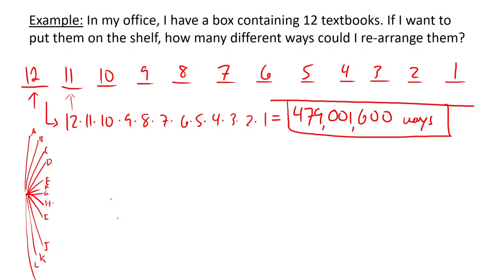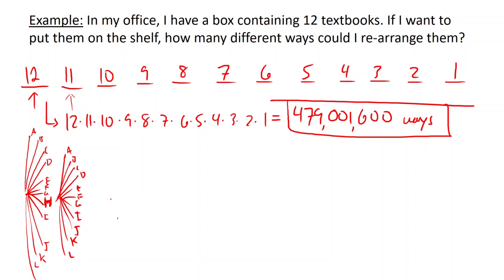But then if I'm going to go off of this branch, like say I put H in that slot, well, I can't pick H again, and so then from here, I'd only have 11 choices: A, B, C, D, E, F, G, H, I, J, K, L. But I didn't eliminate the possibility that I didn't fix H in that spot. You could have gone down any of these other branches that had not H in the front. You see what I mean?